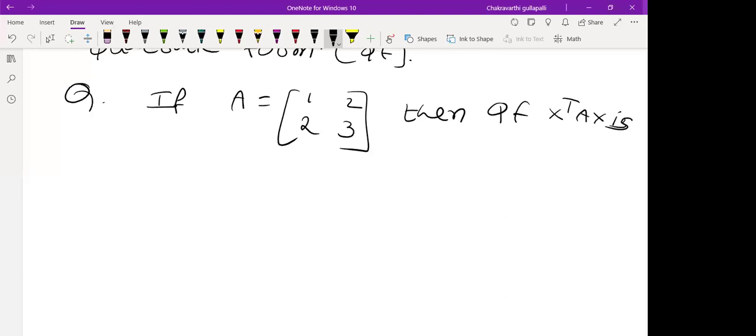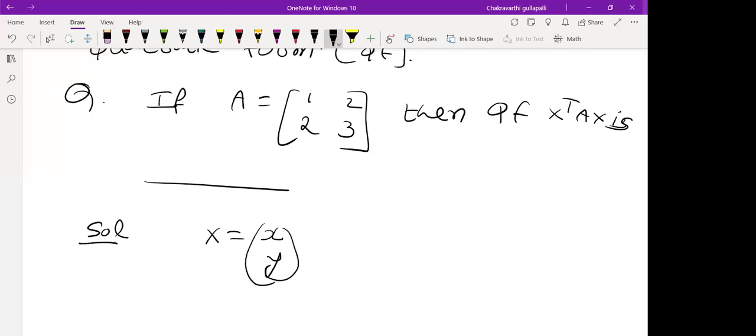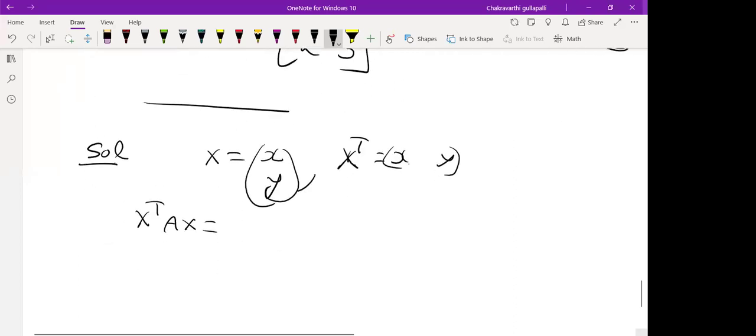A is symmetric here. Then how to get? What is the solution? X, we take it as (x, y). Then X transpose will be horizontal. Now find out X transpose AX. So X transpose is (x, y).